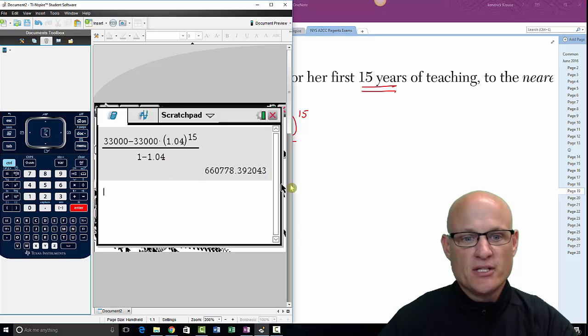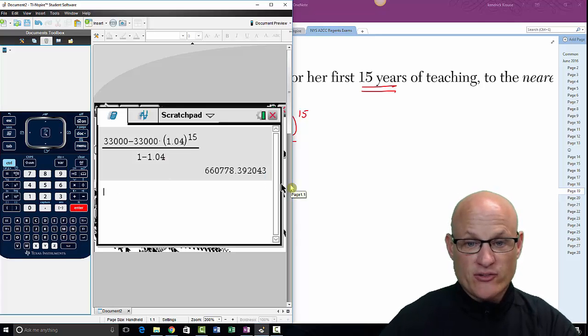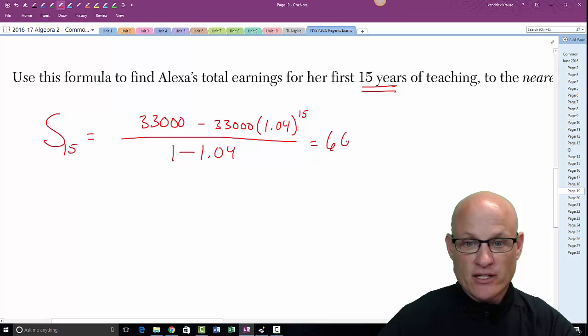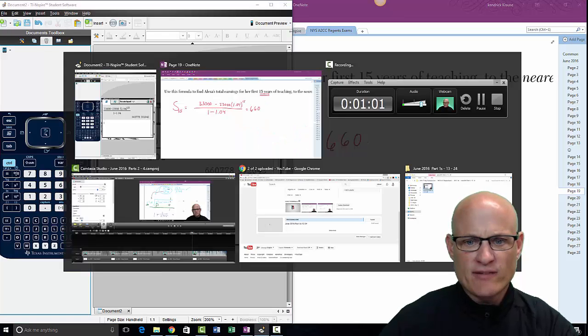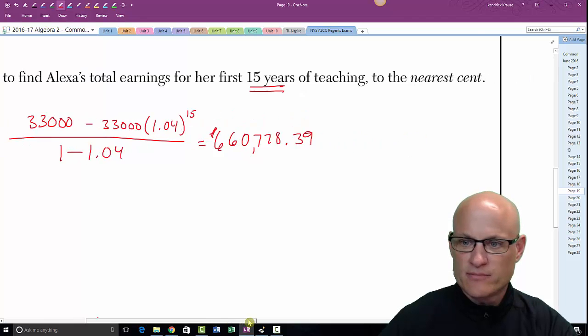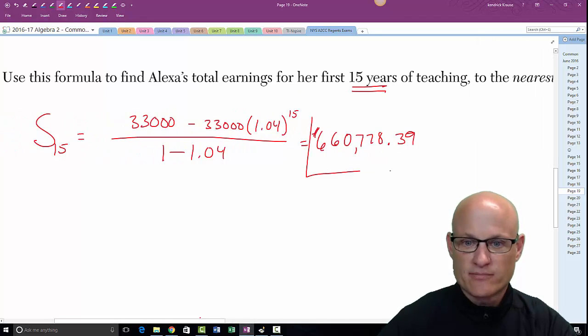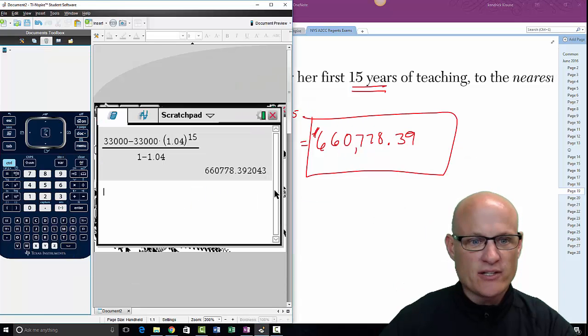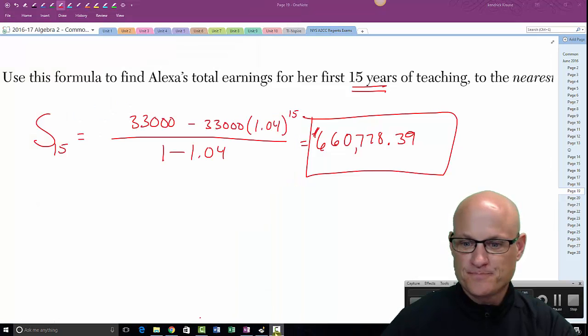Whew. 660,778. And it's money, so you've got to get to the cent. To the nearest cent, 39 cents. There it is: $660,778.39.